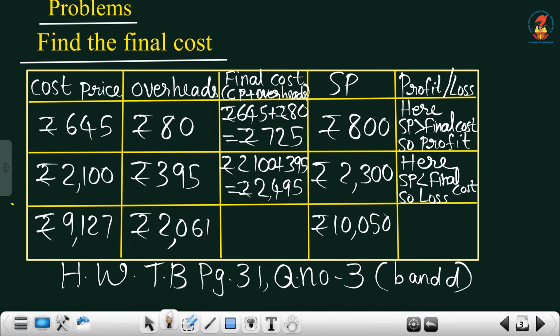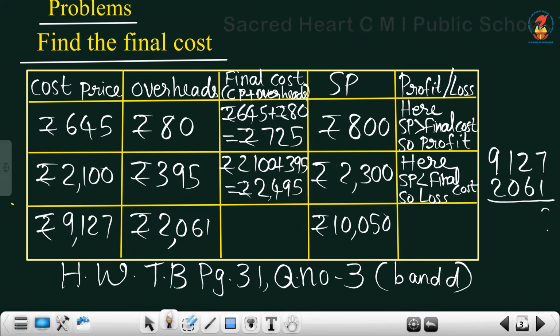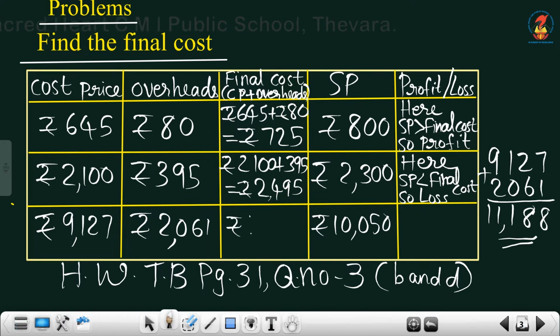And the next problem: the cost price is rupees 9127 and overheads 2061. And the final cost is what? 9127 plus 2061. The answer is 11,000 rupees, 11,188. And the selling price is what?